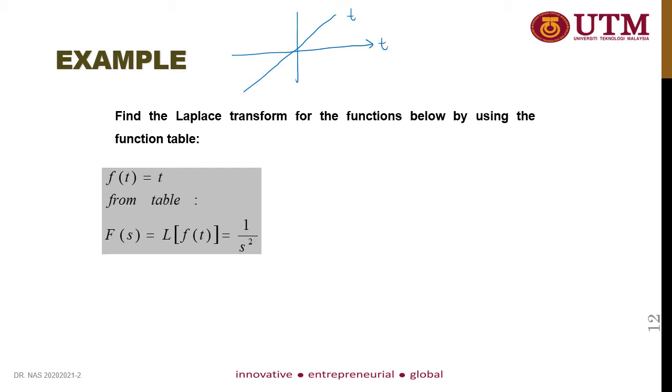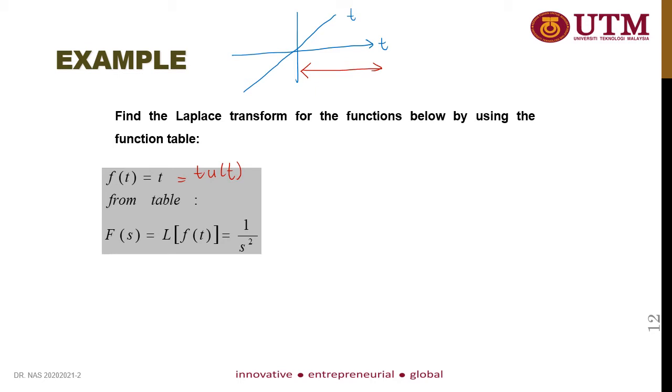In this course we are going to consider only the right hand side, so we don't consider the negative side. Therefore we can assume that all equations like this are equal to t u(t). This is called a unilateral function, in which only one side or positive side will be considered in your calculation.